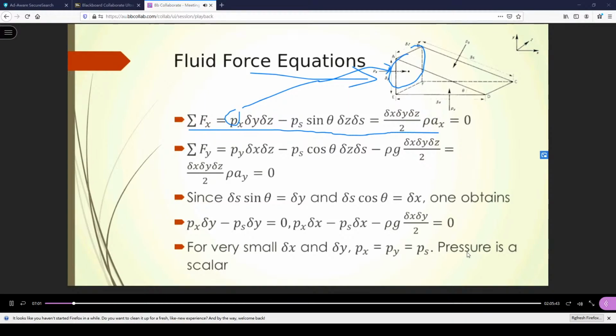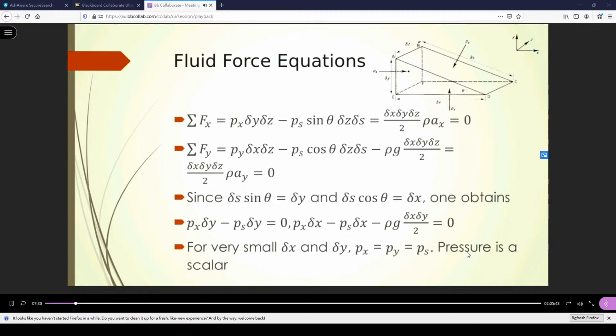The force is Px delta y delta z, where delta y delta z is the area of this vertical plane. So far, so good. And then we have the second thing: we look at the inclined plane. The inclined plane is in this direction, and the force is acting in this direction.